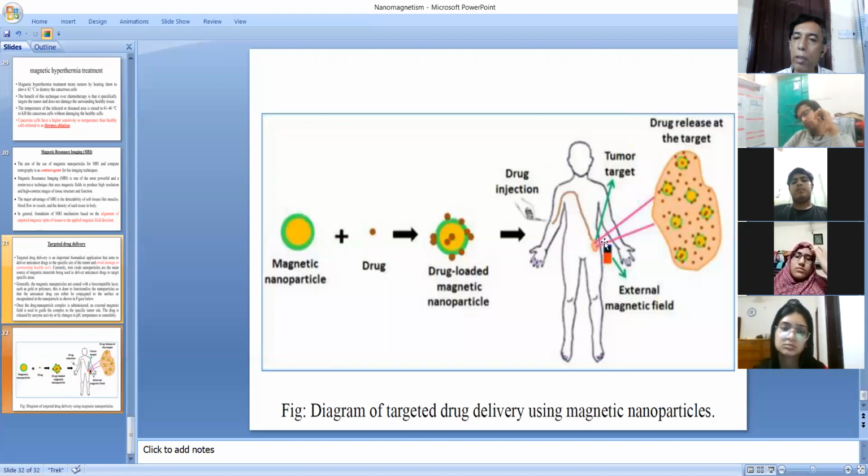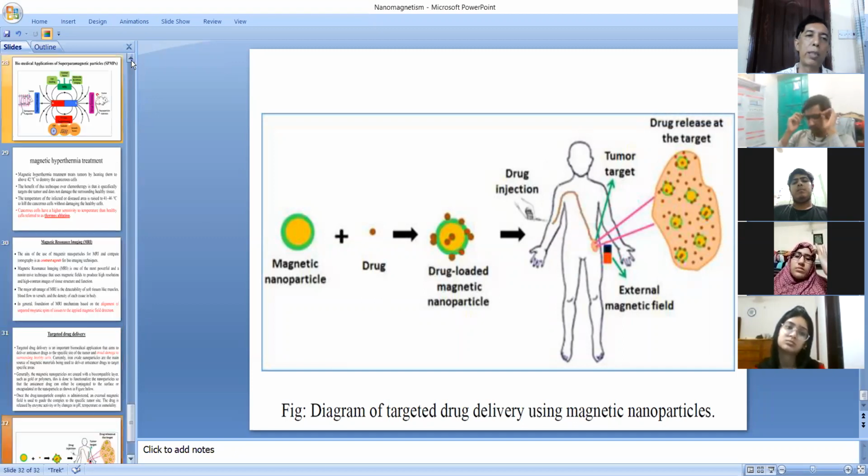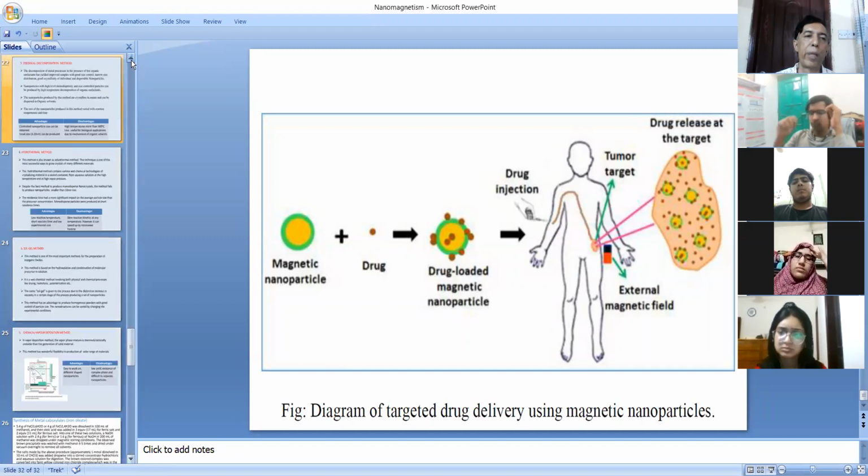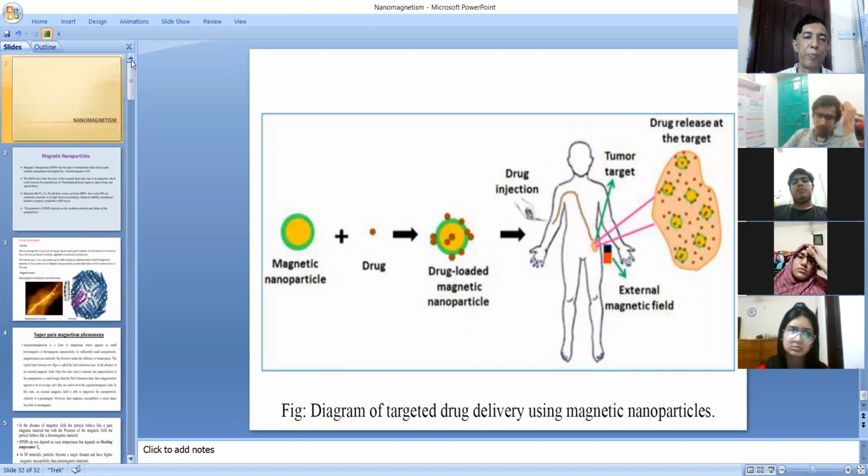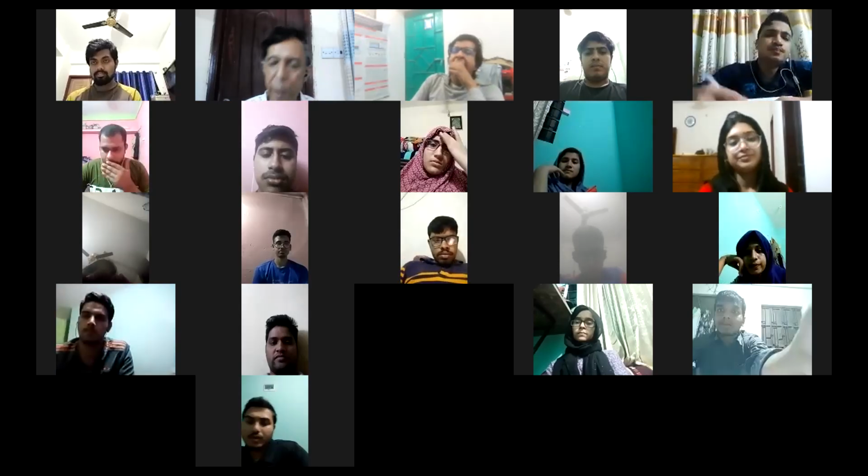You see here there is an external magnetic field. By this external magnetic field, you can guide a magnetic nanoparticle here. So this is magnetic nanoparticles or nanomagnetism, whatever you call it. And this is the end of this chapter.